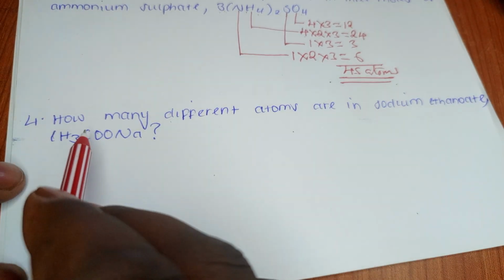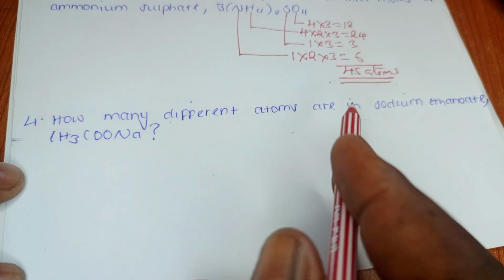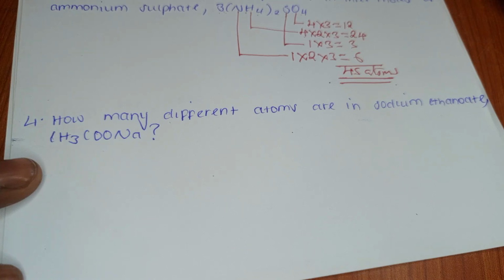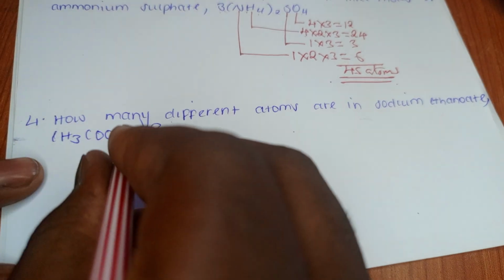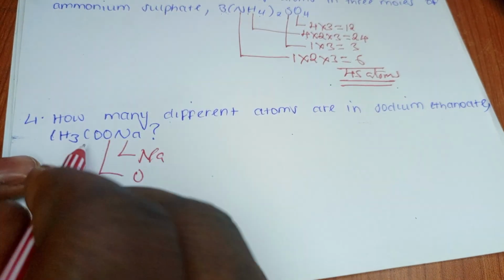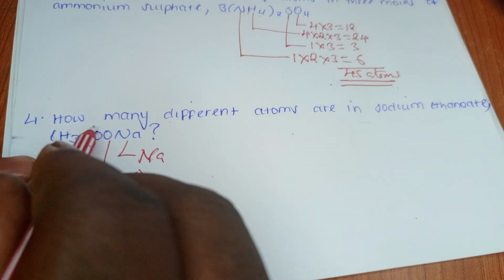Now question 4 reads, how many different atoms are in sodium ethanoate? Here we need to be very careful. They didn't tell us to calculate the number of atoms, but how many different atoms are here. So in this case, we have sodium here, also oxygen. Since this oxygen is the same as this one, it's repeating, so we're going to ignore it.